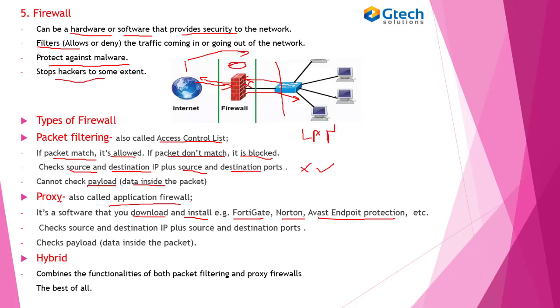This type of firewall checks both the source and destination IP addresses, plus the source and destination ports. The proxy firewall checks the payload, unlike the packet filtering. It will check the data inside the packet. So it's good, it's better than this one.